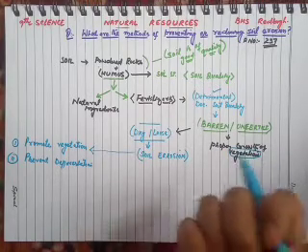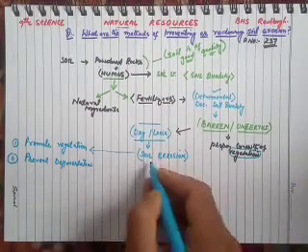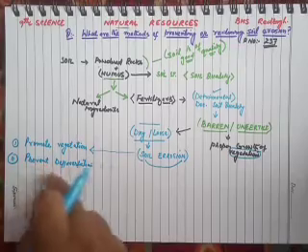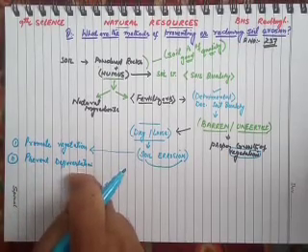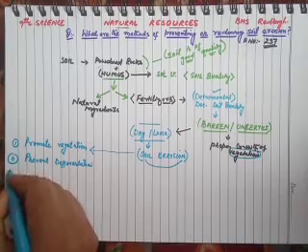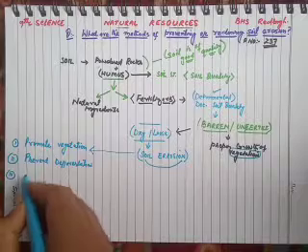When these trees and plants are being cut down, definitely there are greater chances of soil erosion. So we must curtail the rate of cutting down of trees. And the third one is, we must stop the use of these fertilizers.